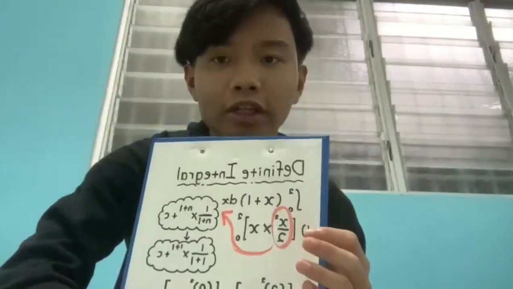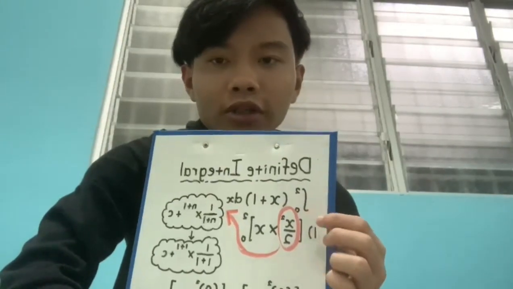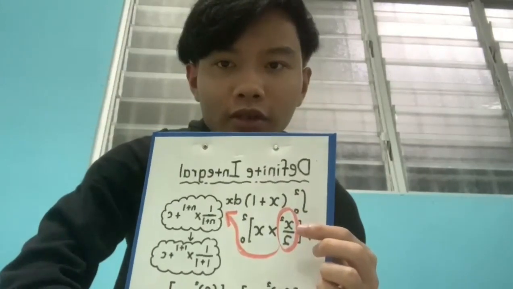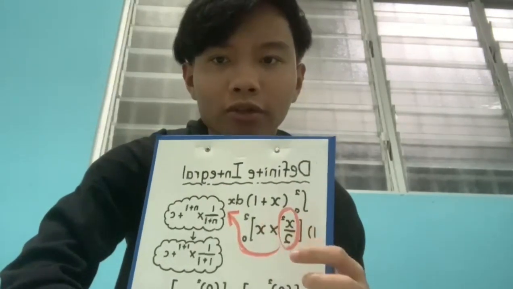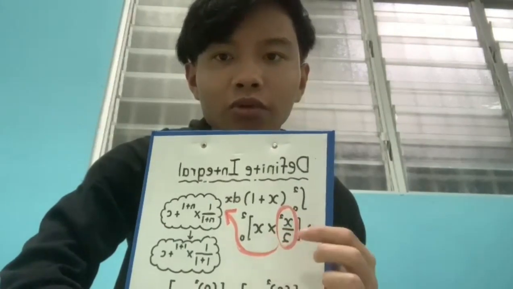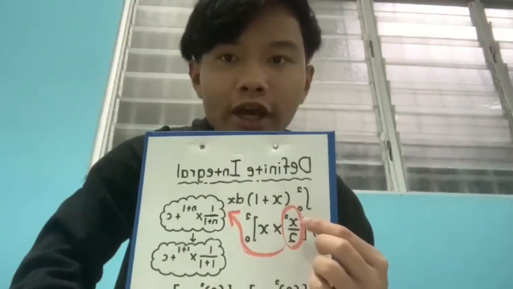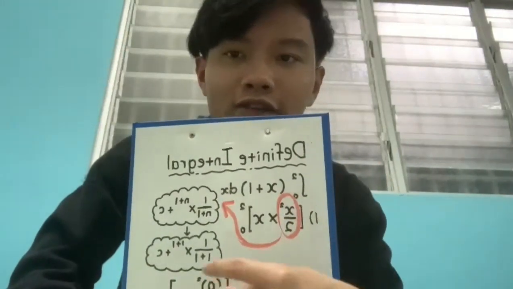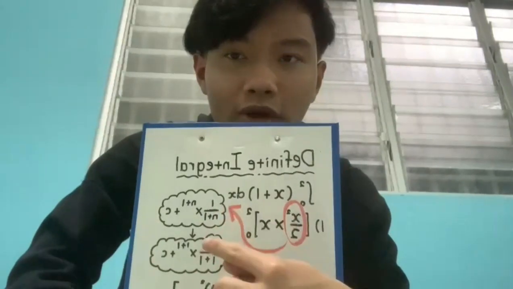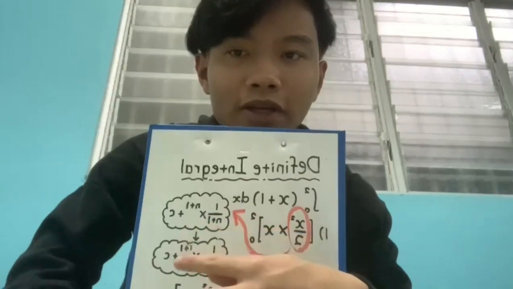Okay, so let us start. The first step, you guys are going to get this kind of expression, that is bracket x squared over 2 plus x and close bracket, 2, 0 integral. So you guys must be asking, where do I get x squared over 2? So basically, an integral has its own formula, that is 1 over n plus 1 times x to the power of n plus 1 plus c.